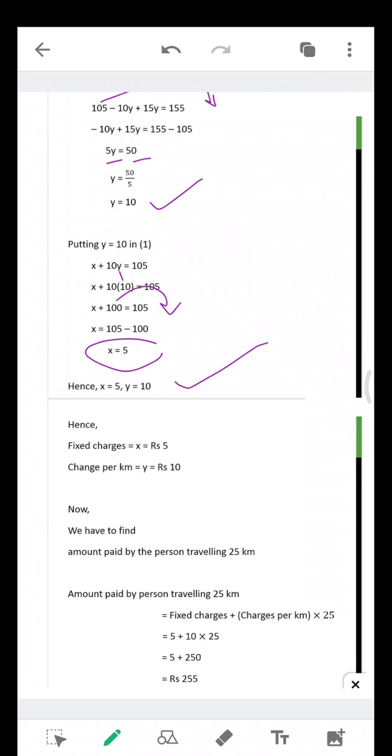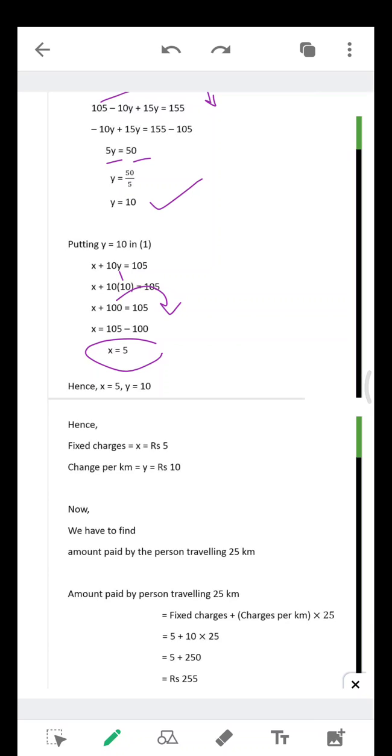So therefore the fixed charge is rupees 5 and the additional charge is rupees 10 per kilometer. Okay. So these are our fixed and additional charges. So we can solve innumerable questions, innumerable situations of our day-to-day life by using pair of linear equations.